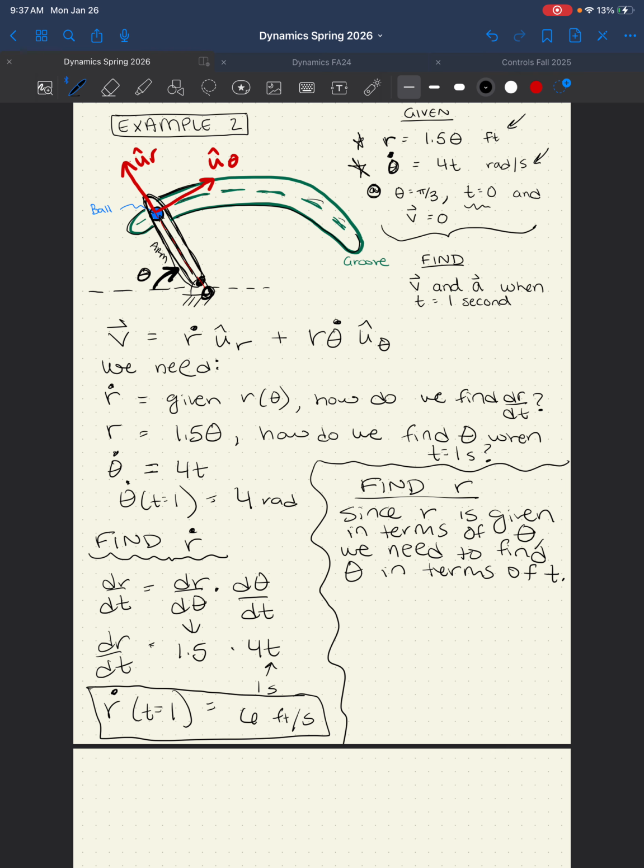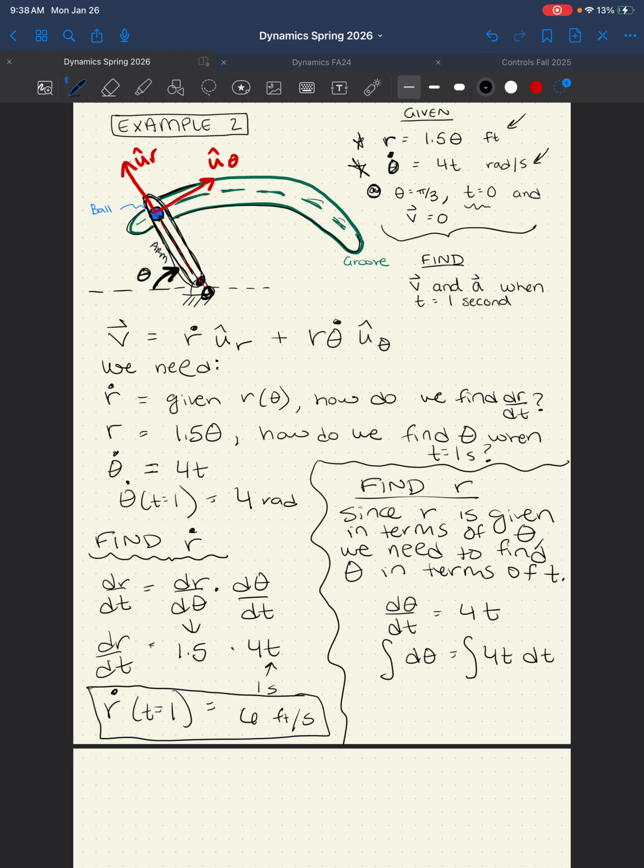So let's write down d theta dt is equal to 4t. I'm going to separate variables, so I'll have d theta is equal to 4t dt. I've got a d something on either side, so that means I need to integrate both sides. And now let's try to figure out what bounds we want to go from.